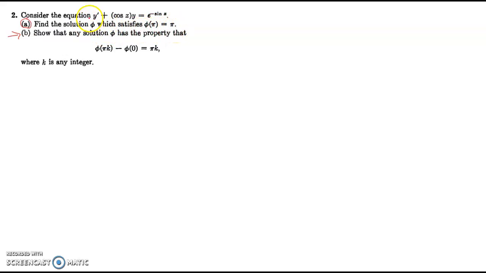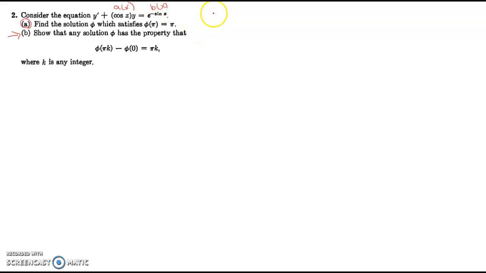So it seems like we have to solve this differential equation first. Okay, and I noticed that this cosine of x is our a of x, and this entire right-hand side is our b of x.